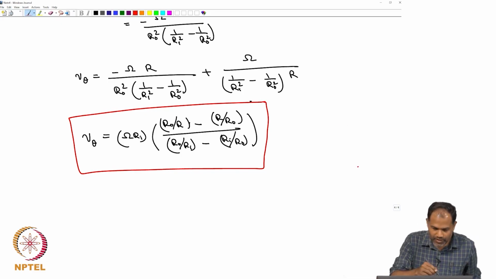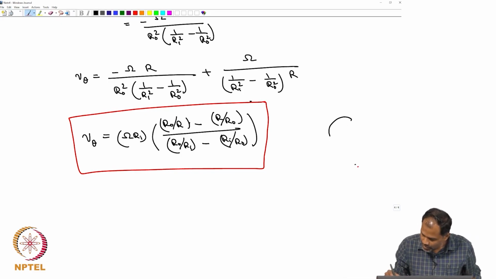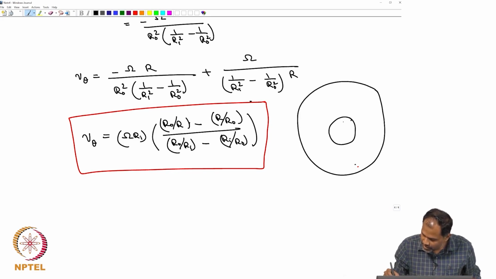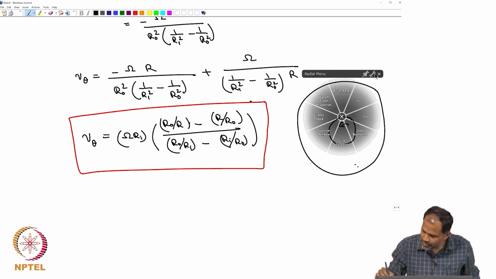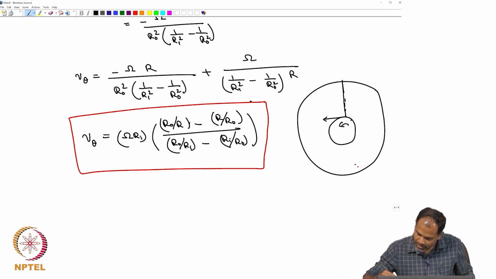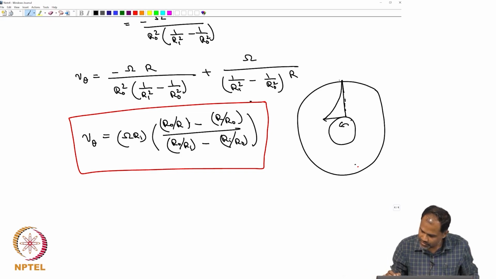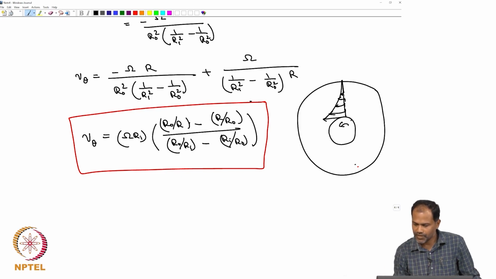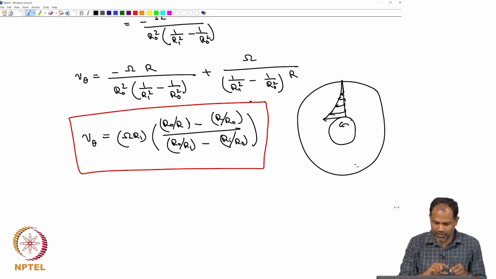In fact, if you plot it, if that was the inner cylinder and that was the outer cylinder, and if the inner cylinder is rotating, you will see that the velocity at that point would be something of that sort, and then it would decay and become 0 like that. You can plot it and see. But that's what the velocity profile is going to be.